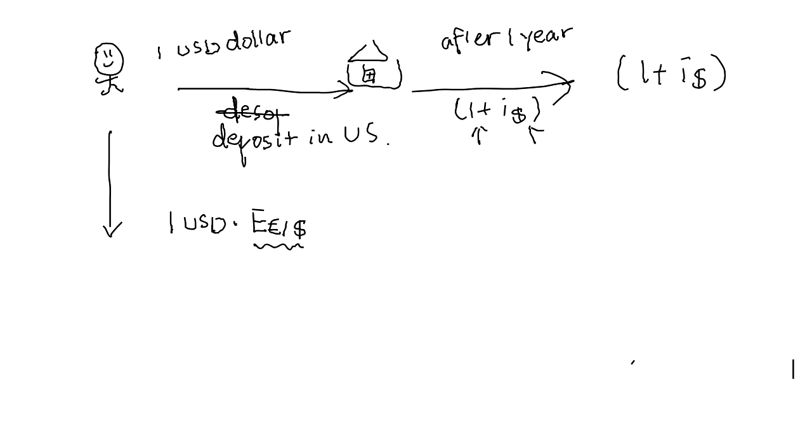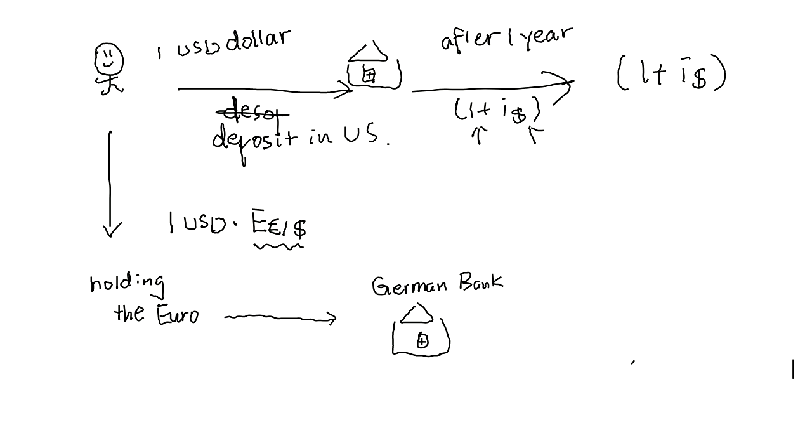So now instead of holding the US dollar, after converting, you are holding the euro, right? But now you put the euro in a German bank, right? So this is the amount of the euro you have.